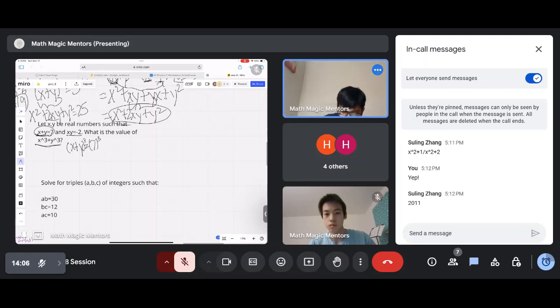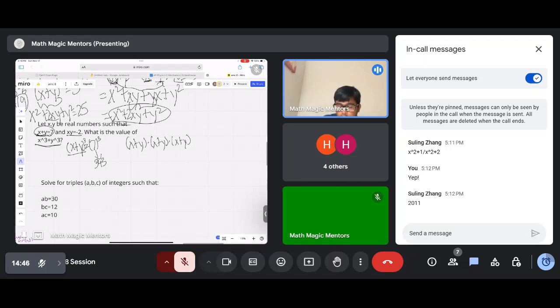So cubing both sides of the expression, 7 cubed is just 343. You can pull out a calculator or do mental math. But we want to find x plus y cubed. You could just multiply x plus y times x plus y times x plus y and go through all that, but you could also do something clever.